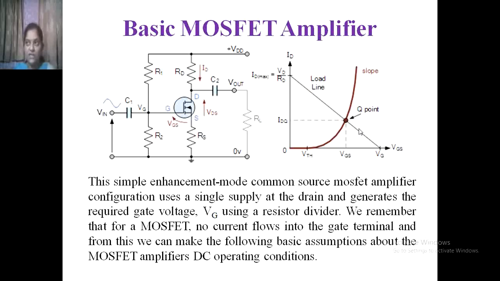So why is there a need for biasing? For proper operation of the circuit, biasing is required. Here the voltage divider network is used so that the Q point is set in the saturation region, and the MOSFET gives you amplification in the saturation region.